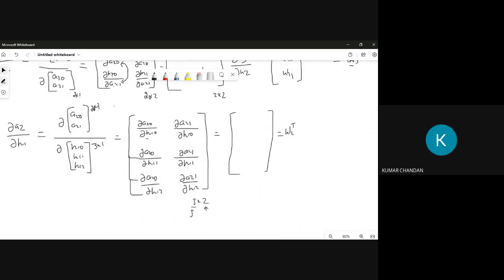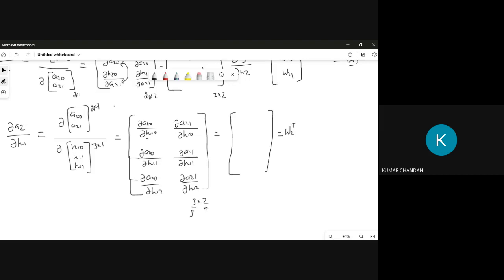Here I want to focus on one more scenario. We did dou A2 by dou H1, no? In the next step you have written A2 as a vector, like A20 and A21, right? I don't want to think that way. I want to think another way.